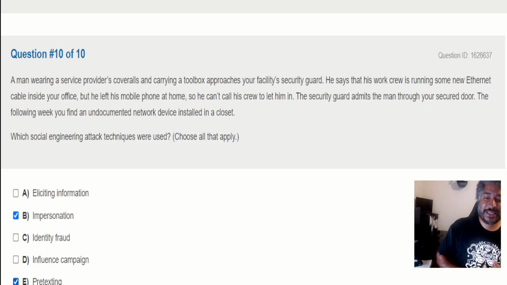An influence campaign is more like using social media to attack someone for some type of agenda. This is definitely not that. And then we have illicit information. This is like tricking the victim into giving us information that they shouldn't. And that was not indeed the case. So the only two options here that really fit are impersonation and pretexting.